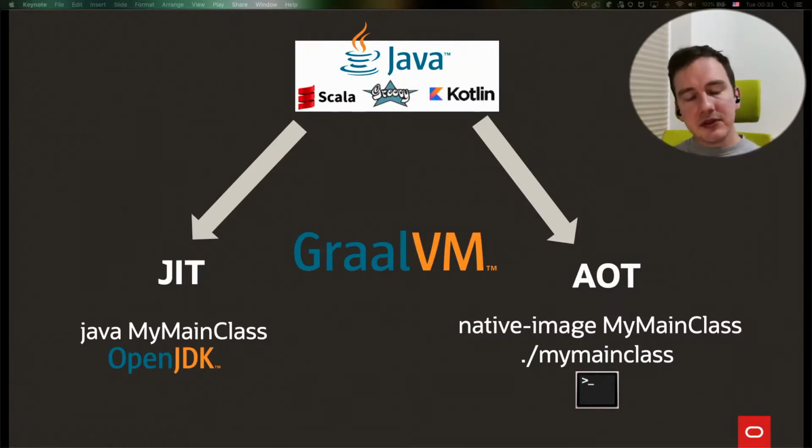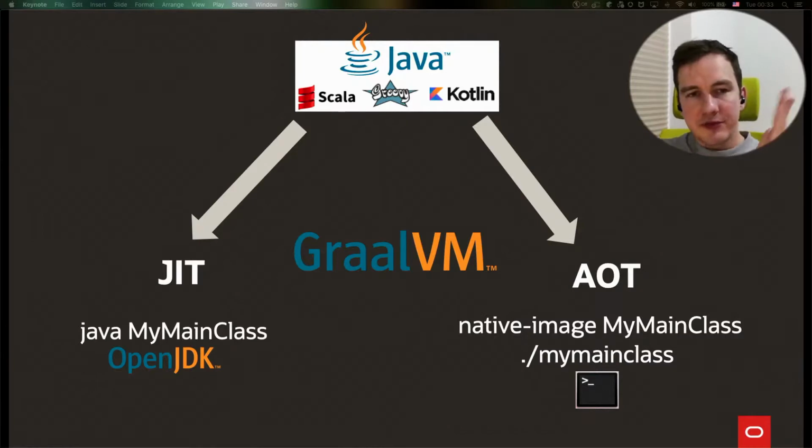Or, if you think that you would benefit from ahead-of-time compilation, if you know what it does and if your use case requires that, then you can use the native image utility on your Java application and then execute that standalone binary file that it produces.